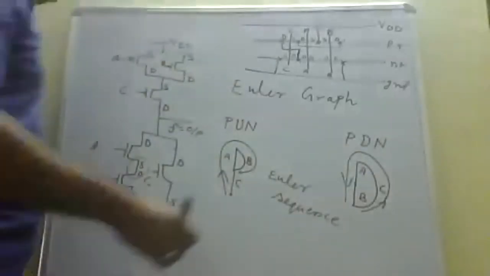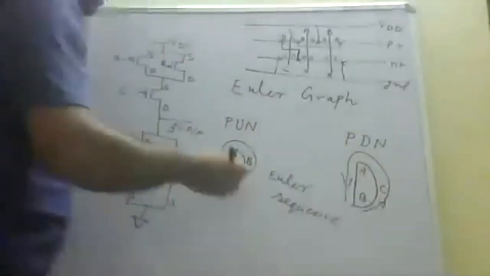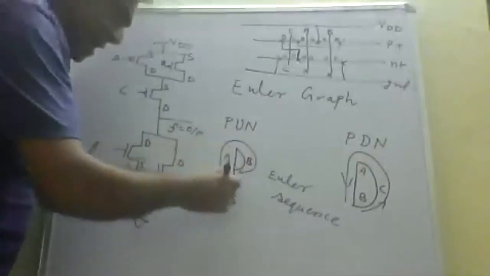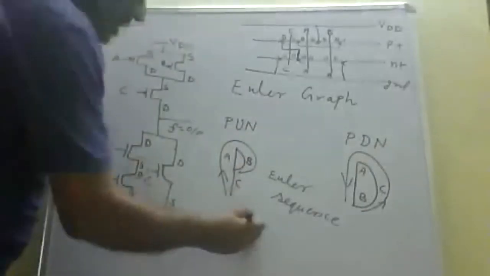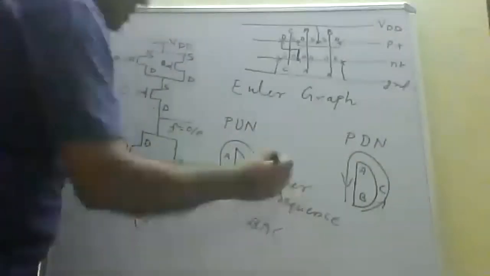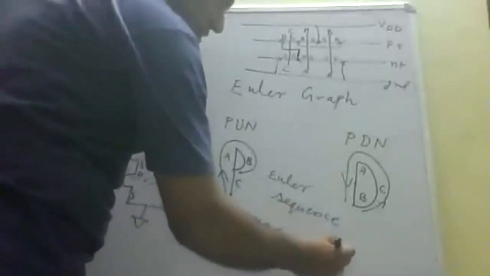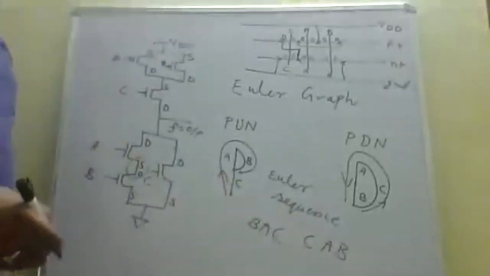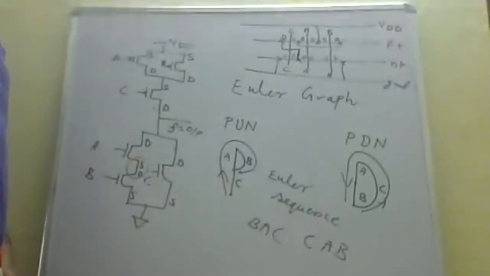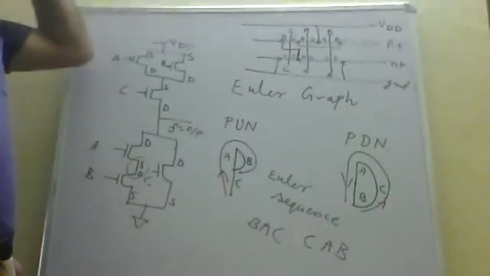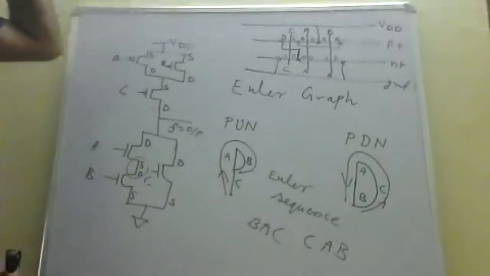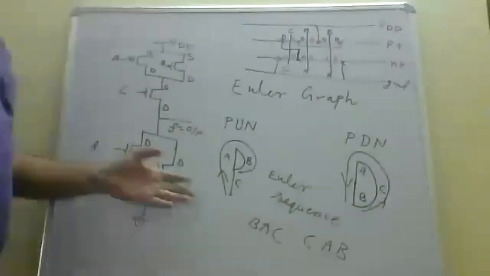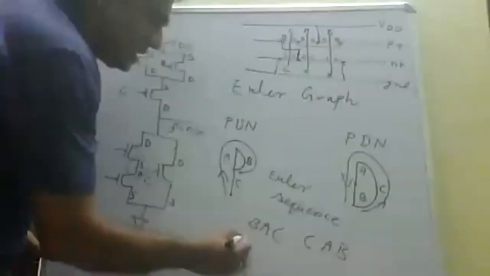We can take BAC also. In that case also there will be no problem. So we can choose BAC, CAB also. So there is no fix that it is a unique Euler sequence. So whenever a layout question comes, students can draw different layouts according to their polysilicon sequence. This is called the polysilicon sequence.